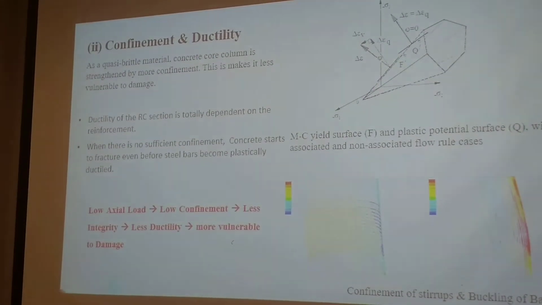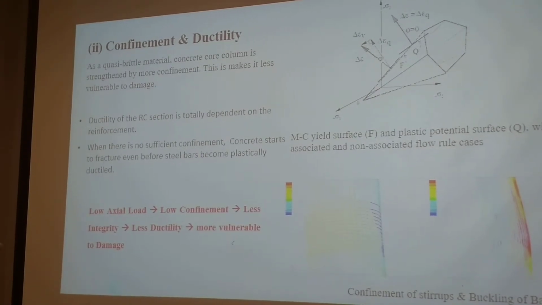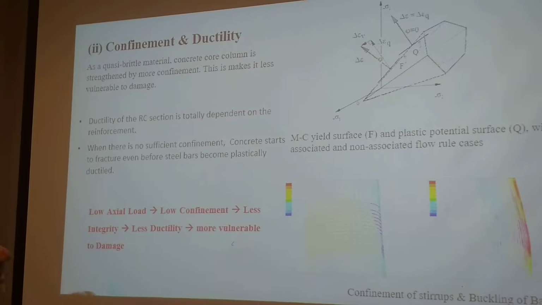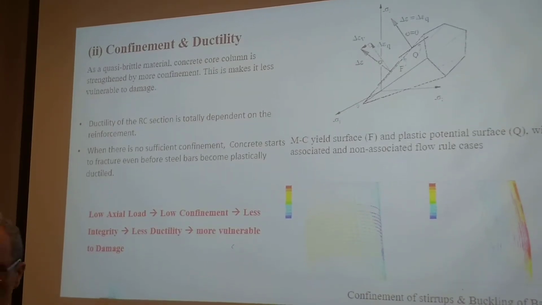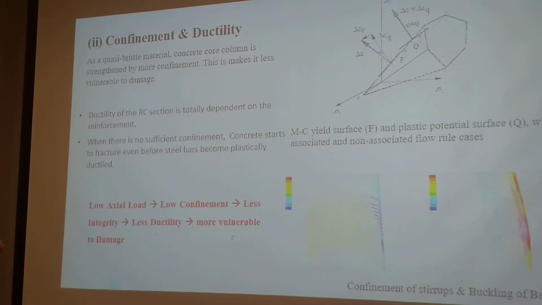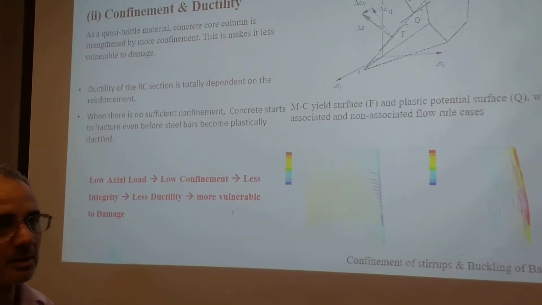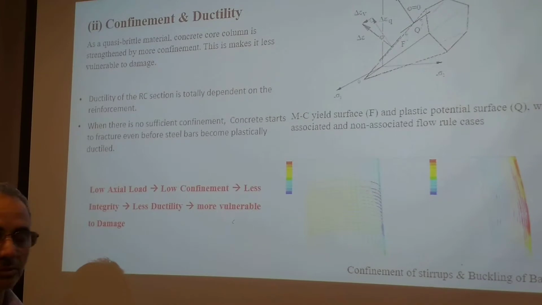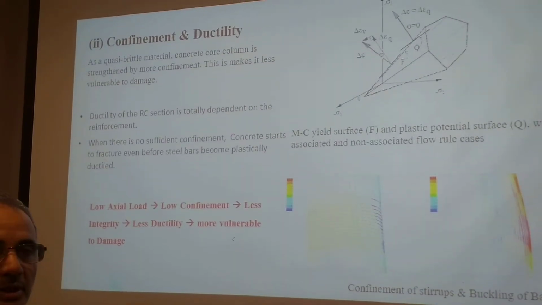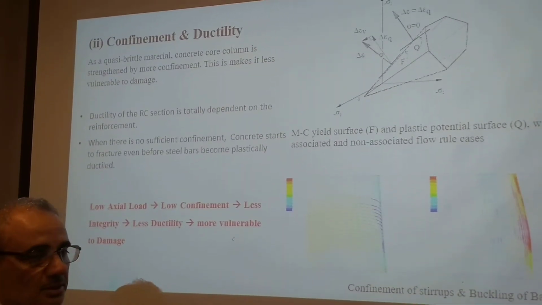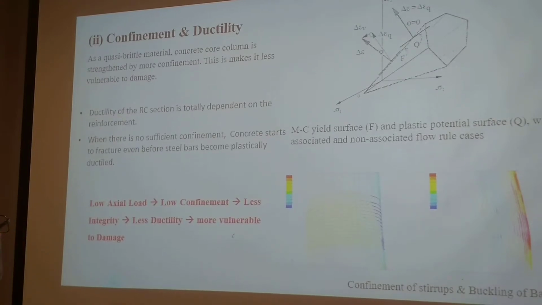Another level of vulnerability is confinement and ductility. As we know, concrete is a quasi-brittle material, and it gets strengthened the more confinement it has. And that's why it will be resisting more deviatoric stresses.